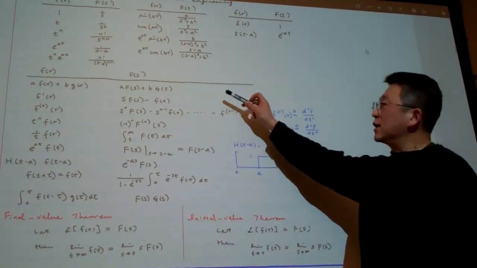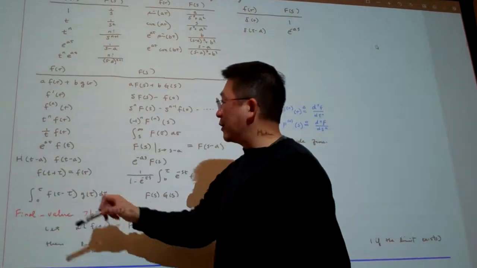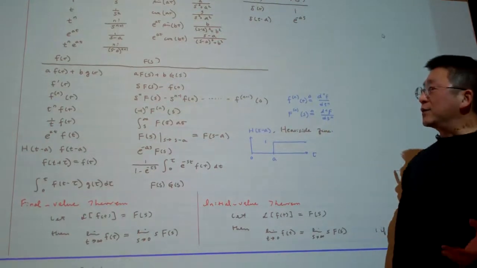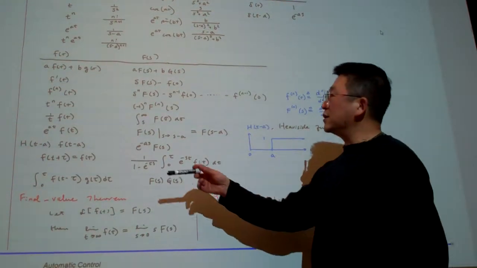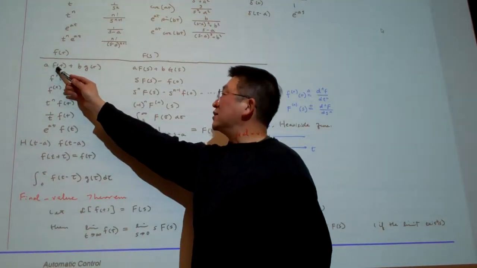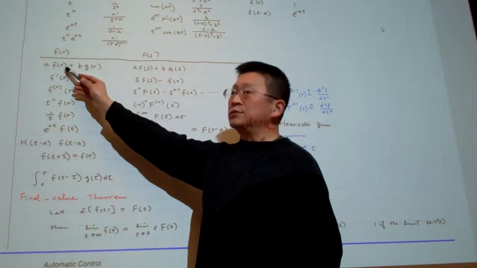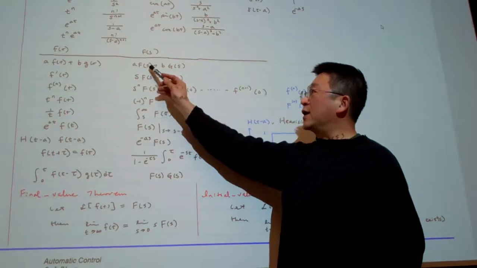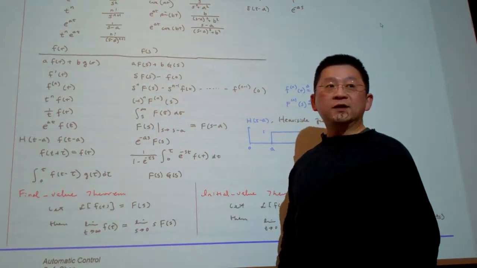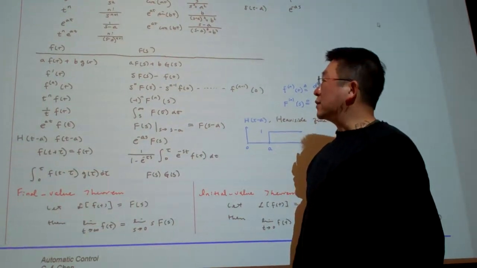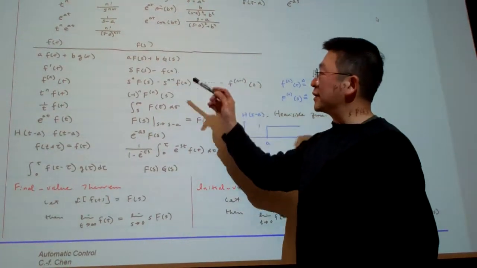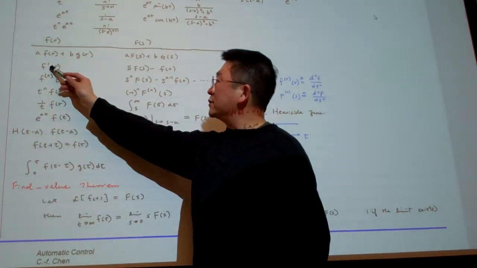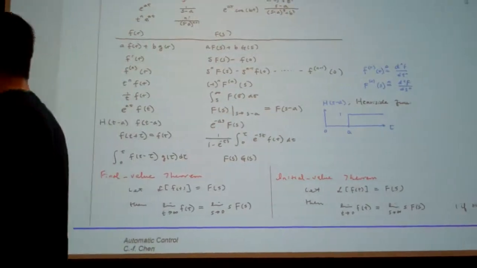The second category is about the combinations of functions. So here you can see this is a linear combination in the time domain, and the same thing, a linear combination in the s domain, in its Laplace transform counterpart. So this is the derivative over time.